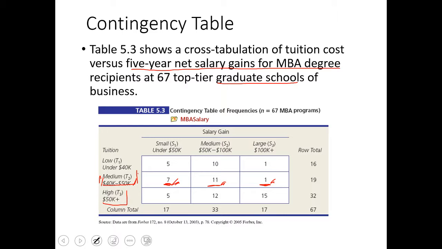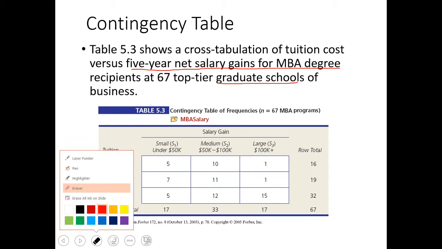And high tuition graduates with low salary, medium salary, and large salary are 5, 12, 15.